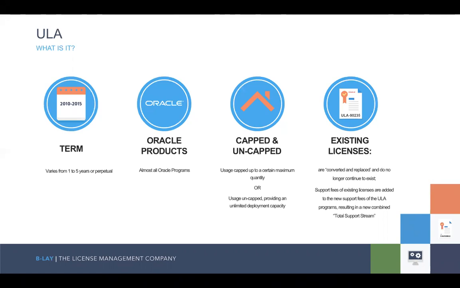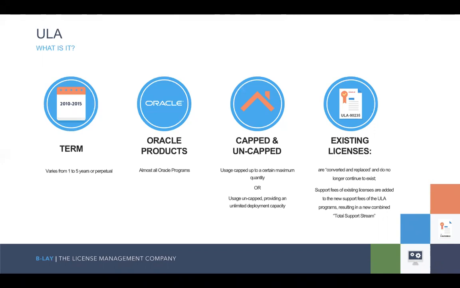But what happens with your existing licenses? Let's say you would have an unlimited license agreement for the Oracle Database Enterprise Edition, but before you enter into that unlimited license agreement, you bought a lot of database licenses separately. You bought X amount of processor licenses for the Oracle Database Enterprise Edition, or X amount of Named User Plus licenses for the Oracle Database Enterprise Edition.